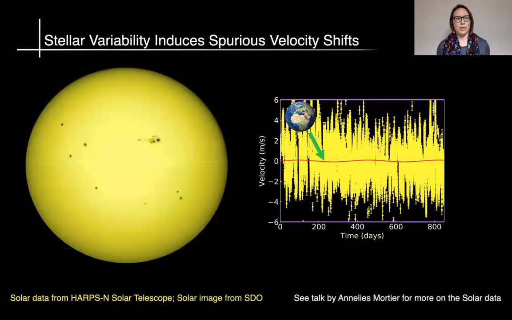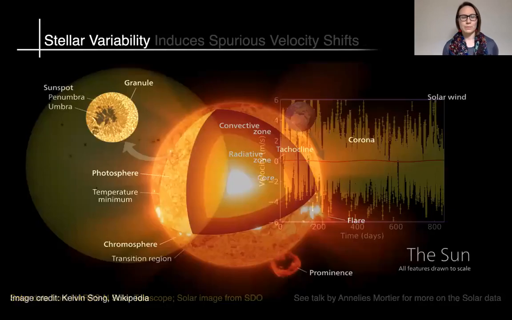The reason for that is because our sun and sun-like stars are not homogeneous. They have all these different inhomogeneities, and it's not a static sphere. It's constantly evolving and changing. So now we're at a point where we really need to understand the variability and the physics happening on the surface of the star so that we can disentangle and pull out that Earth analog Doppler wobble.